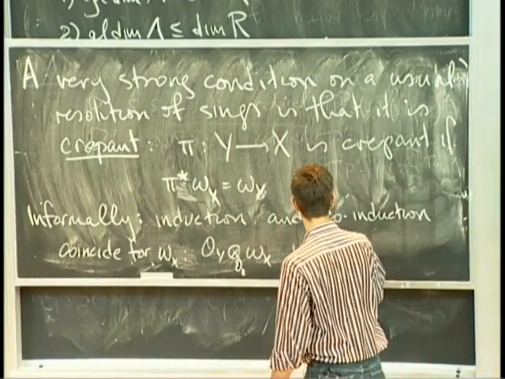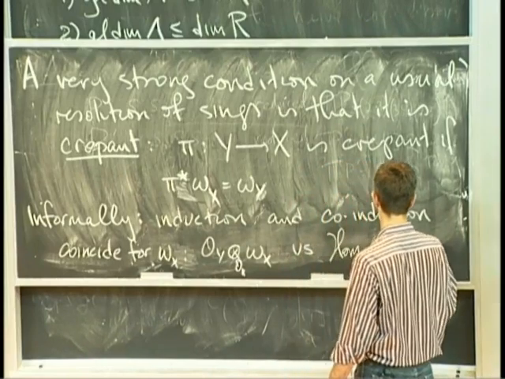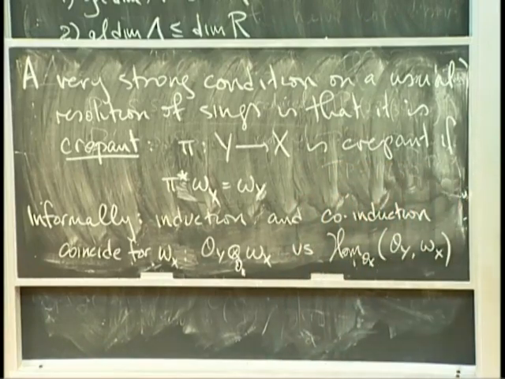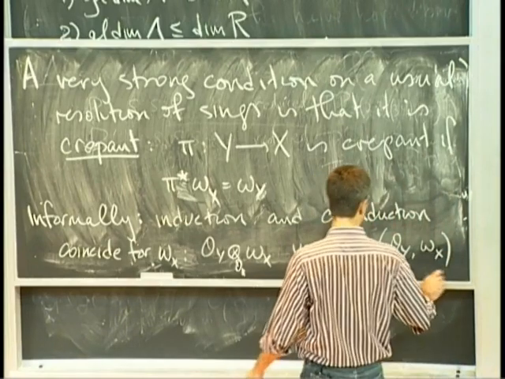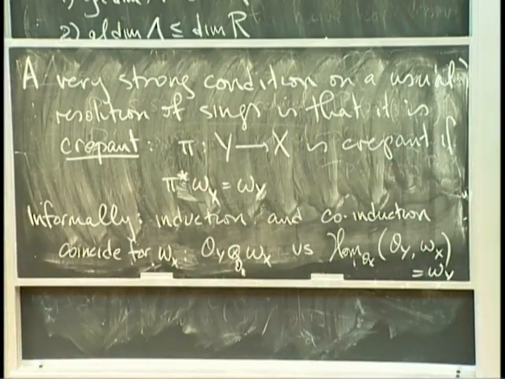Or I could take Hom. And what this says, since this one really is omega Y, the definition of crepant says that these two things match. Again, I have to say informally because that tensor product is not the right thing. But if these were, say, rings, as they should have been all along, then that would be true.